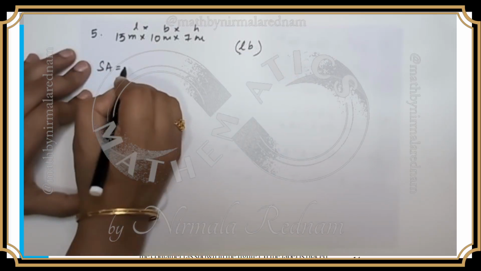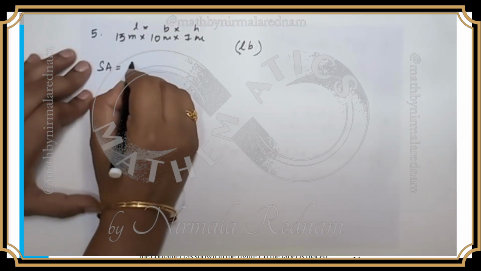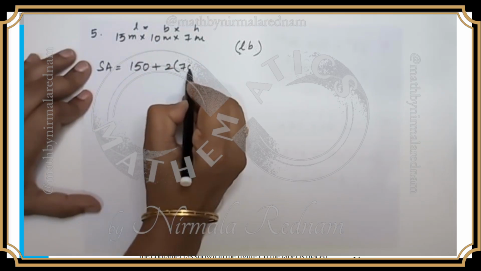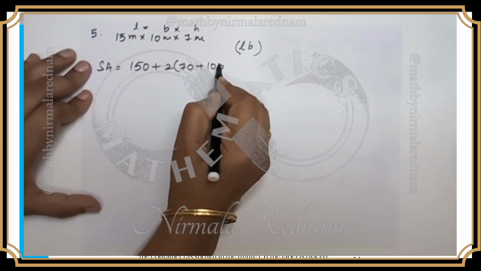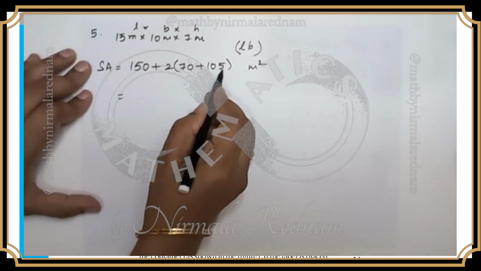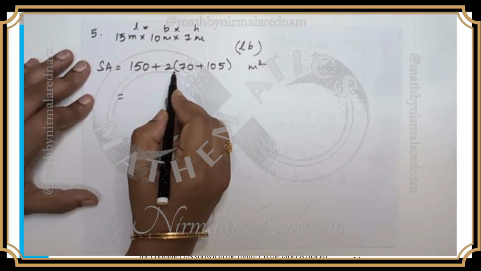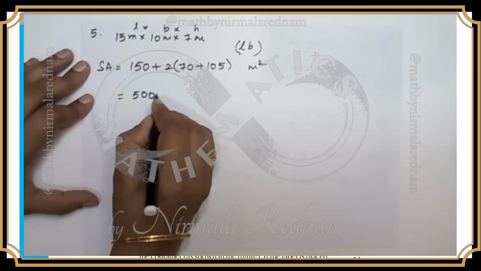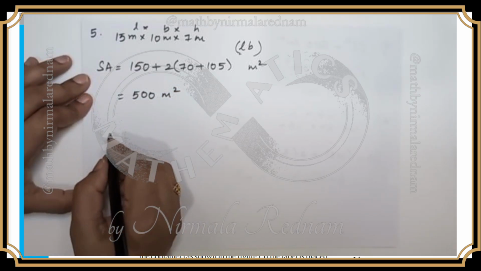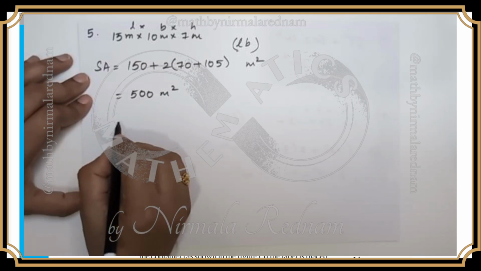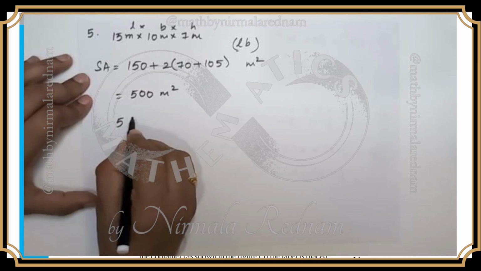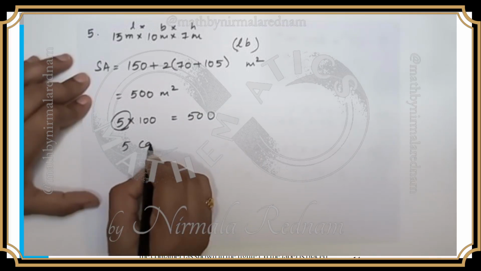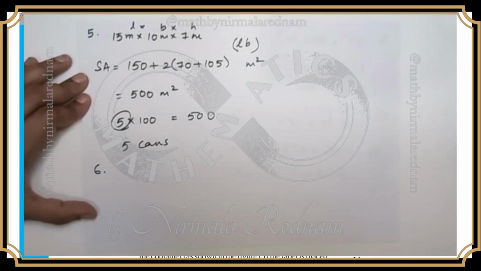So my surface area is going to be, the ceiling is LB, 150, plus 2 times the other 2, which is 70 plus 15 into 7 is 105 meter square, right? So this is 175. 175 into 2 is 350 and plus 150 is 500, right? So the surface area that is painted is 500. One can gives me 100, right? So 5 into 100 is 500. So I need 5 cans. How many cans do I need? 5 cans are required to paint the room.